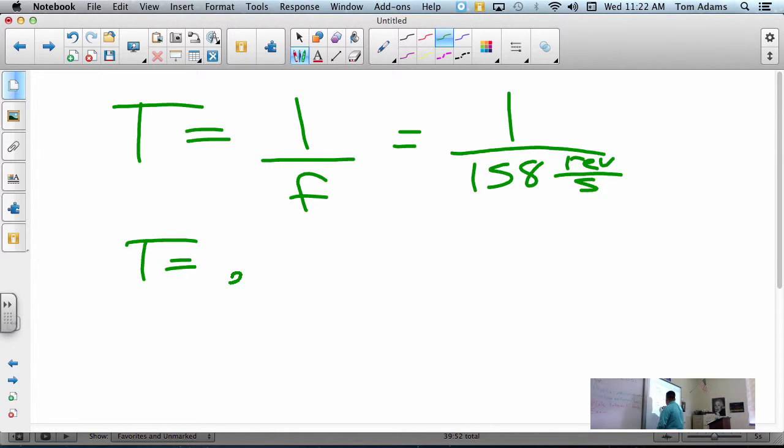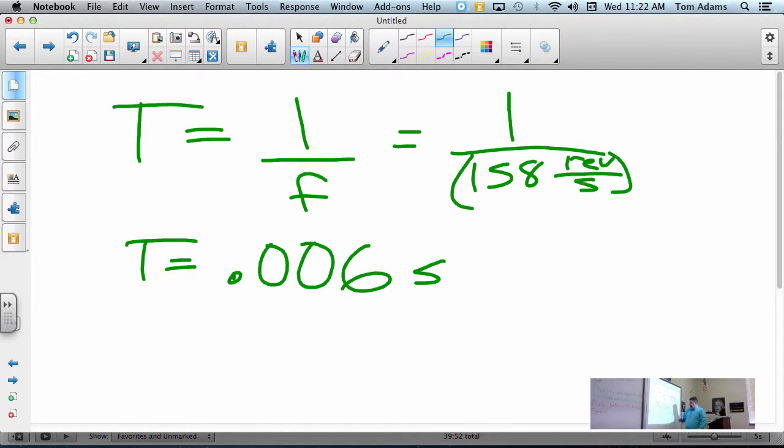So T equals 0.006. Now, when I divide by this number, the revolutions cancel, right? This is in seconds, okay? Does that make sense?